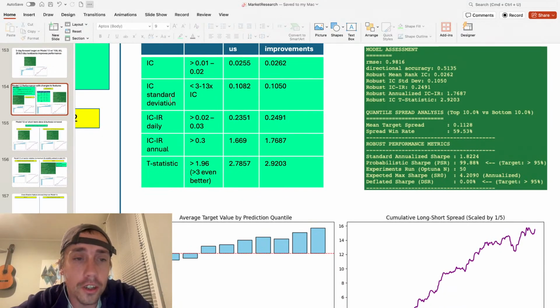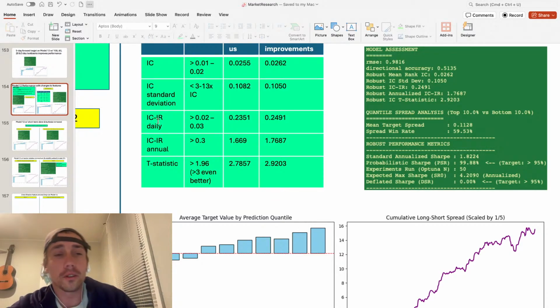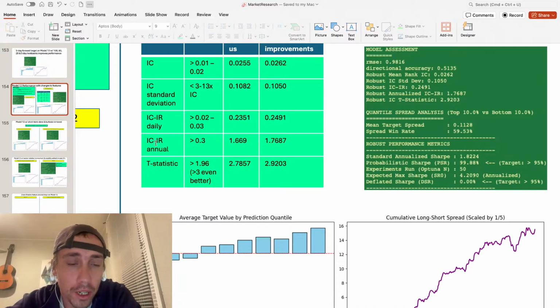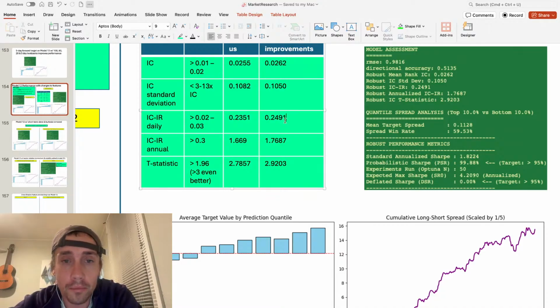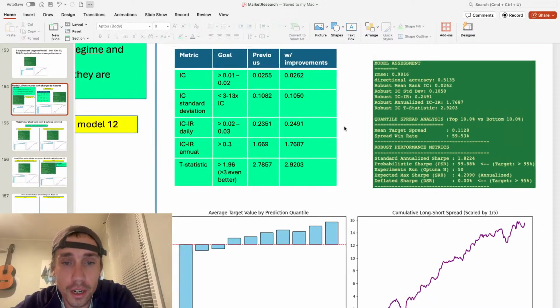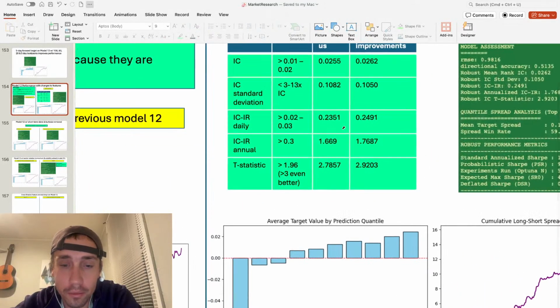Then the information ratio, both on a daily and annual basis, and the t-statistic give the stability, while the information coefficient gives the predictive power of the model. So it's beating every metric, so it's stable and has sufficient predictive power.